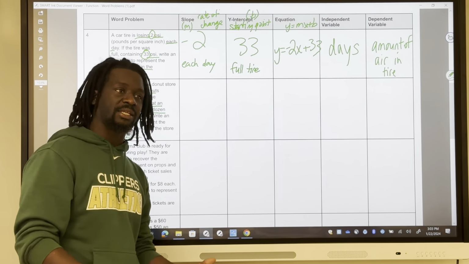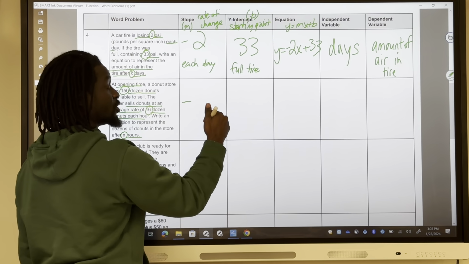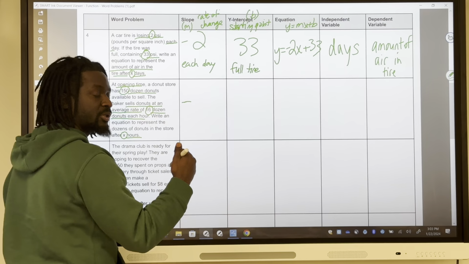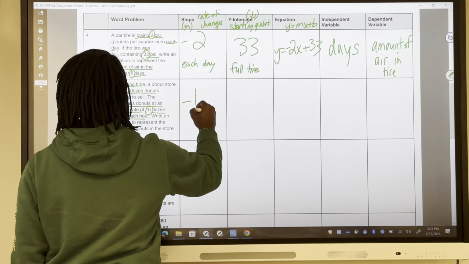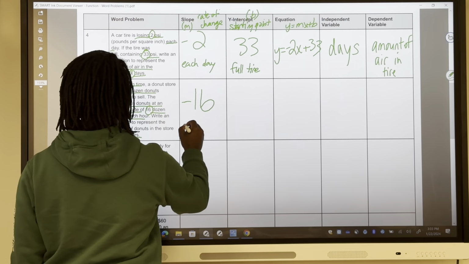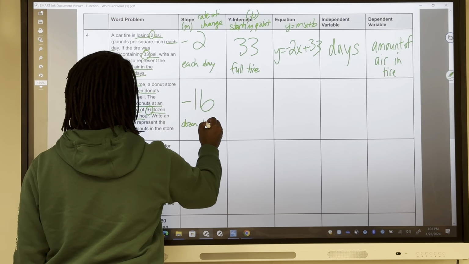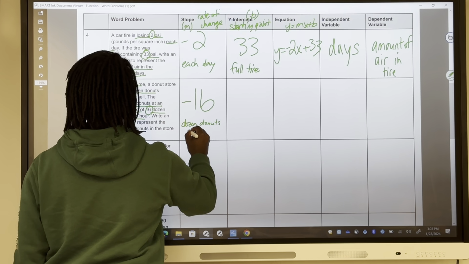All right, what is the rate of change? Well, they're selling donuts in this problem. They're selling donuts 16 dozen each hour. So because they're selling, and they're losing donuts, or in terms of dozens that they have to sell, it should be a negative 16. Okay, and they're selling this number of dozen donuts each hour.